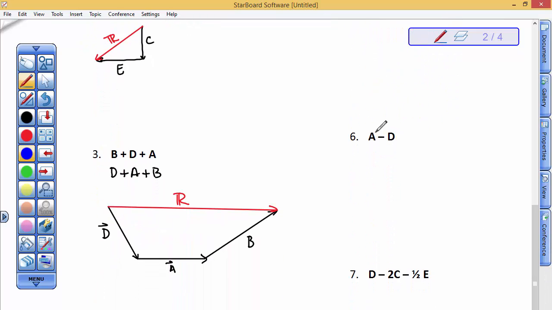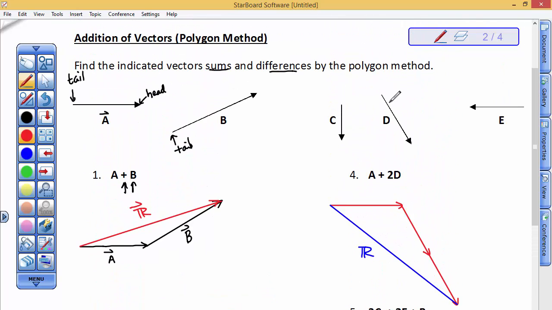So if I want to take A and subtract D, then what I need to do is take A and add the opposite of D, because in algebra we know that subtracting means to add the opposite. So when I go to draw A and then D, D normally goes like this, going downward and to the right. I'm going to draw it this way with the arrowhead going that way.